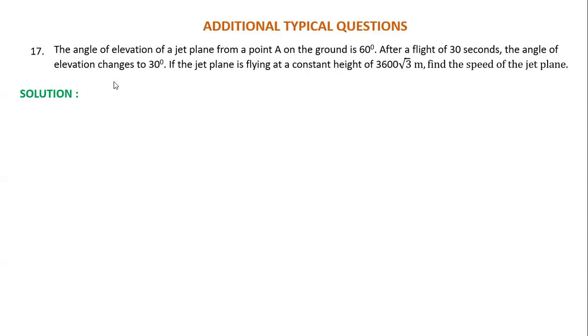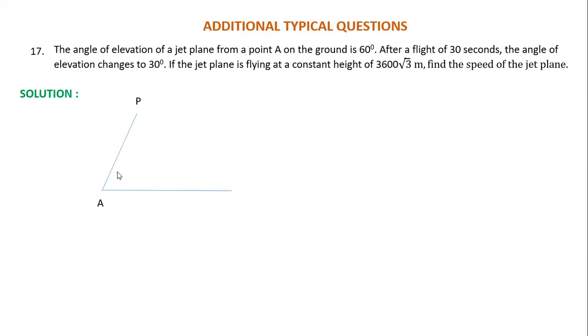Now the solution. The plane is flying, and since it's flying, it's not stationary in one place, it's moving. So you measure one angle, it moves forward, and you measure another. This is the ground level. A man is standing here, and there's an aeroplane here.